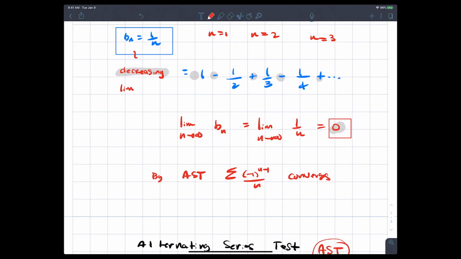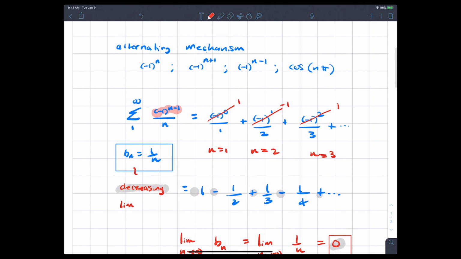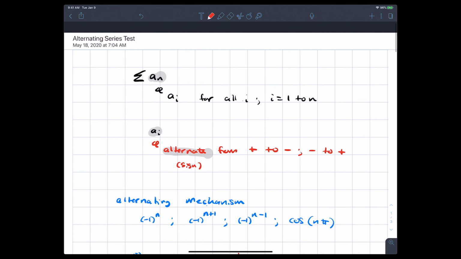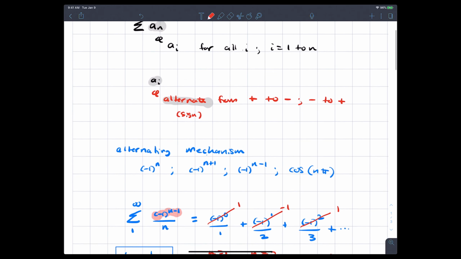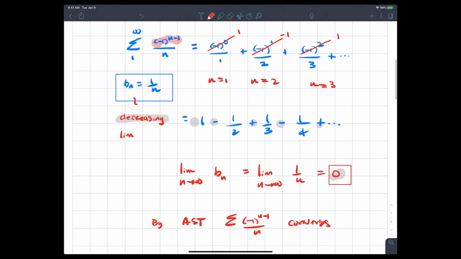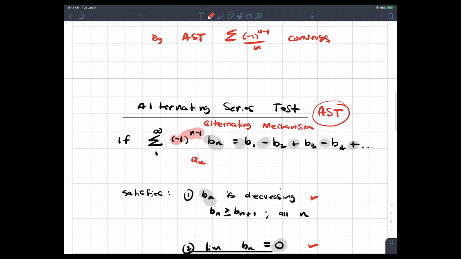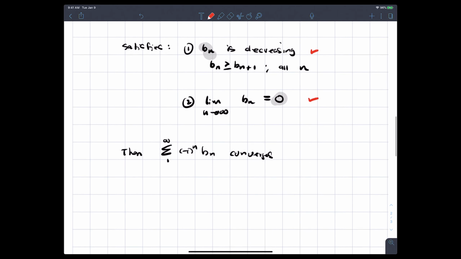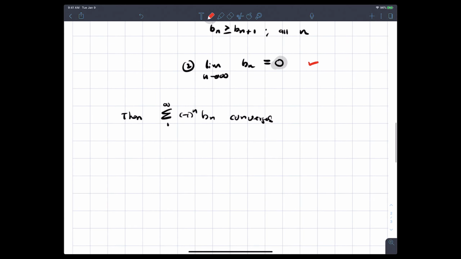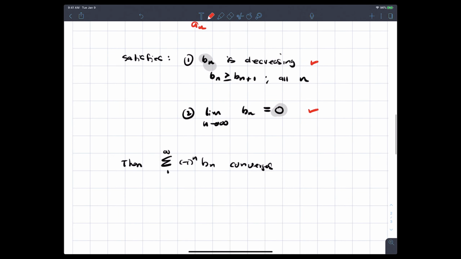That's finite. So that's a quick illustration of what we're working on today, these alternating series, and when they are convergent. So we know that this is actually a convergent series. Let's emphasize that. It's finite.